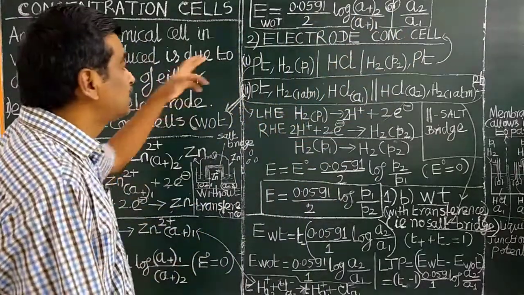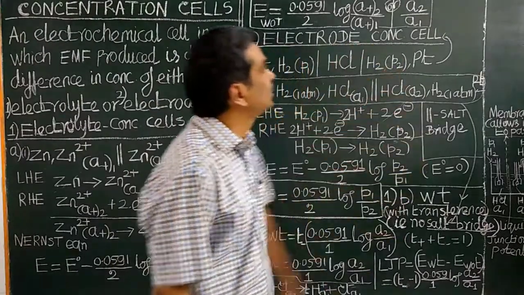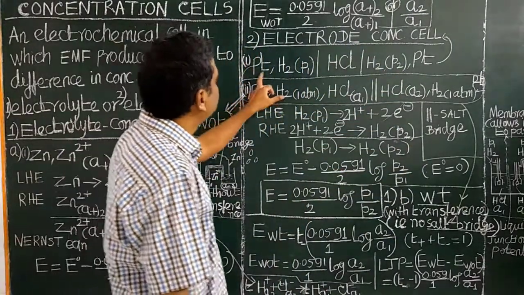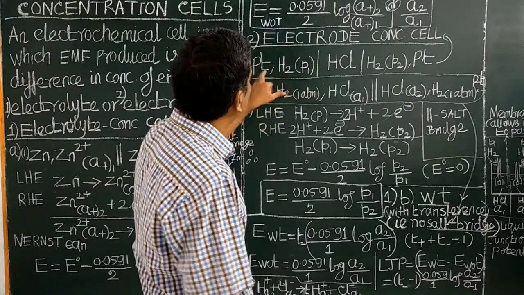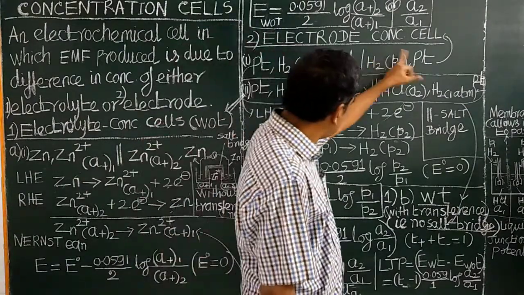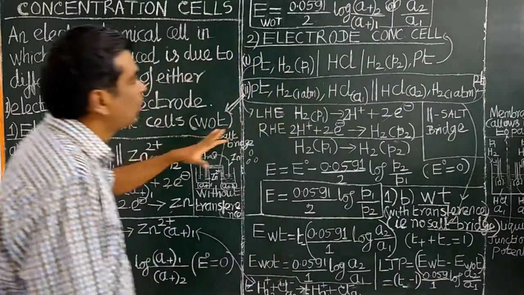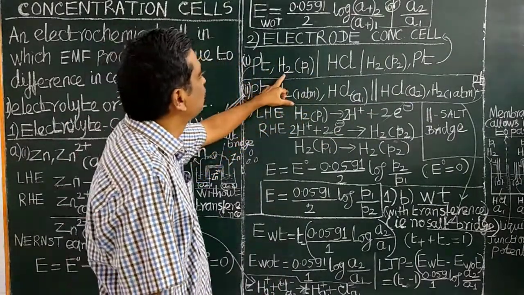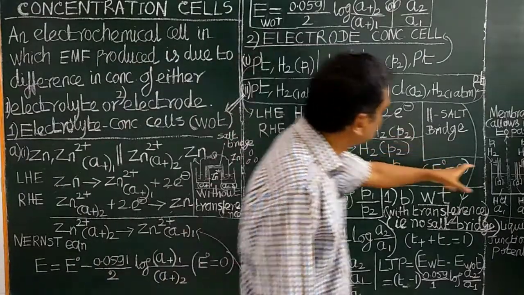Now, let us consider the electrode concentration cell, for example, the platinum hydrogen electrode. There are two platinum hydrogen electrodes of different partial pressures of hydrogen used, as I have shown here.